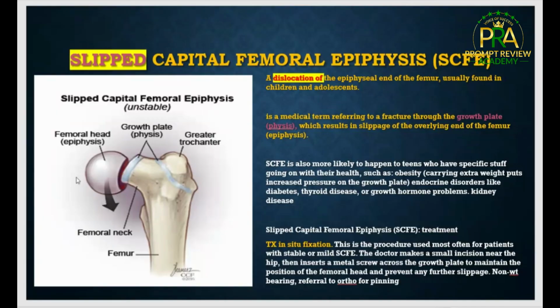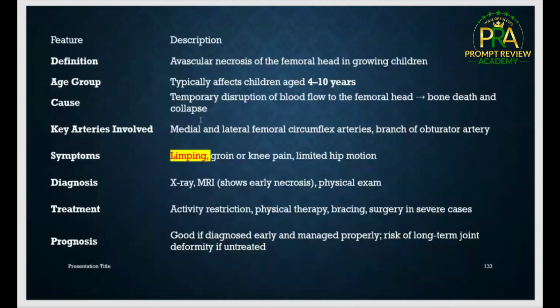There is a fracture through the growth plate, causing the femoral head to slip posterior or inferior. So how do we differentiate it from Legg-Calvé-Perthes? This is more between 10 to 16 years. So you can say it's seen more in the older, grown-up kids, while Legg-Calvé-Perthes is in younger children.